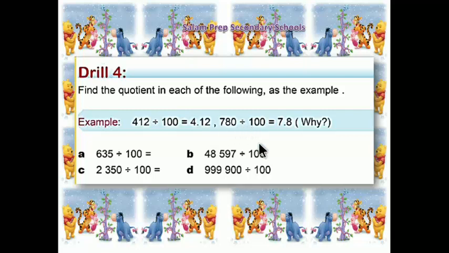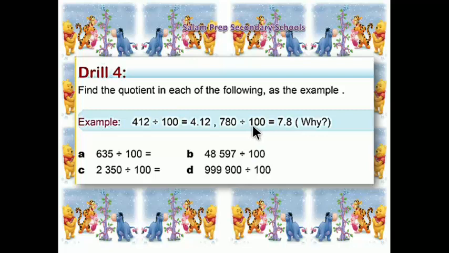Another example for you. 780 divided by 100 equal. We can remove this 0 with this 0. Now put decimal point beside 8.